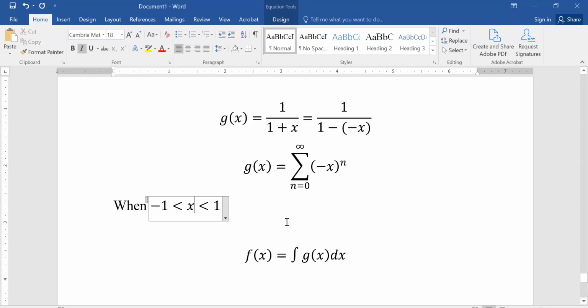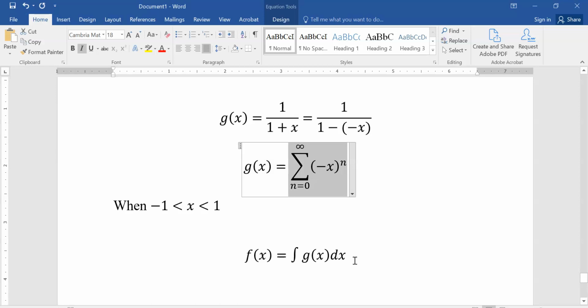So whenever x is between negative 1 and 1, we're good to go. Now I know that my f of x, that natural log of 1 plus x, is the antiderivative of g. So when x is between negative 1 and 1, this g is this infinite power series.